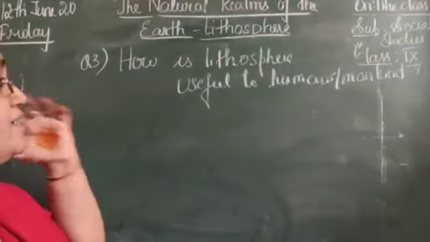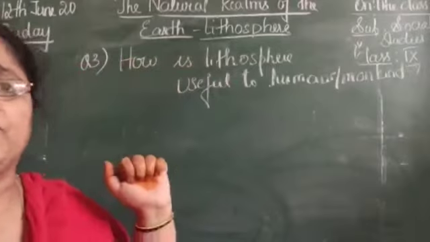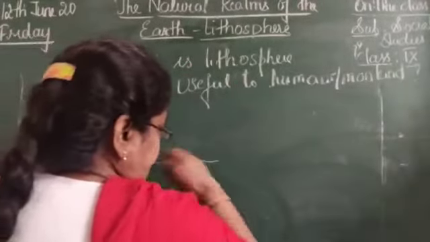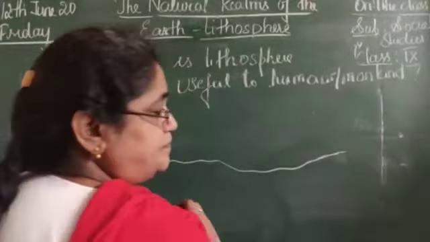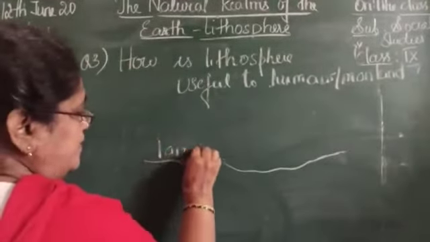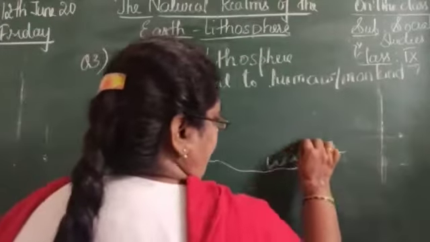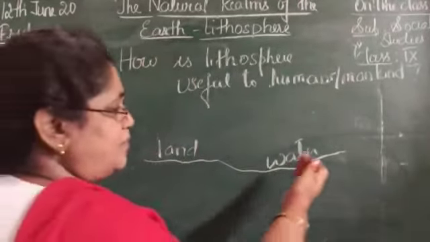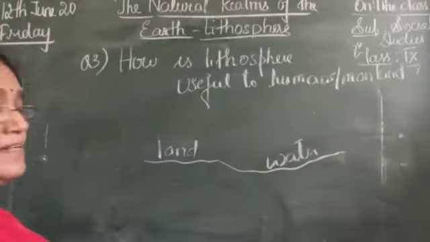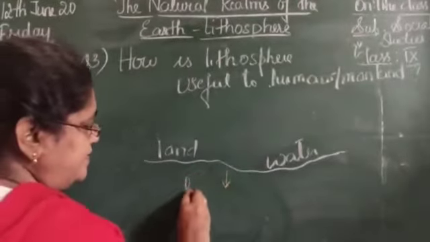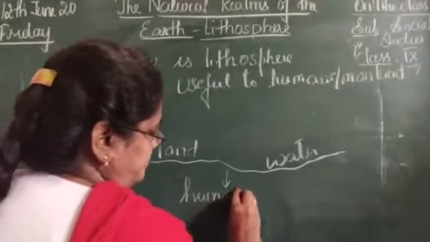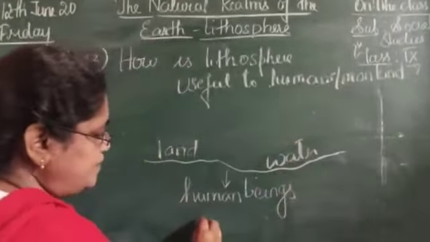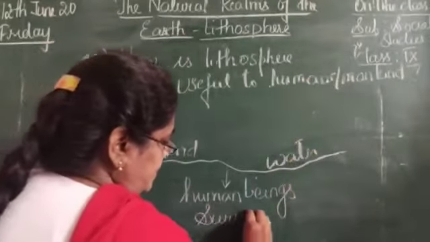Yes, you're correct. The lithosphere is very much useful because just because of this land and water, we are able to survive. Just because of this land and water on the lithosphere, human beings are able to survive.